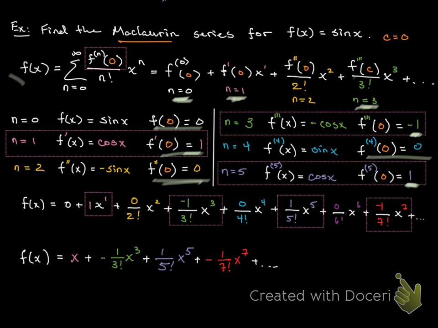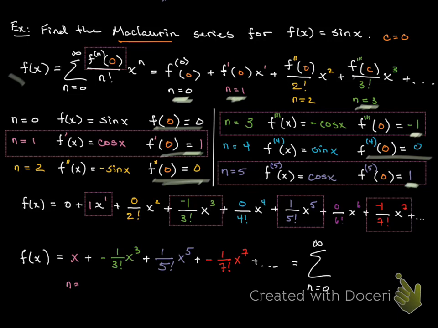And now comes the more tricky part, if it hasn't been difficult yet. The tricky part here is to condense this and write it into summation notation. Okay? So basically what I want to try to do is write this as a sum from 0 to infinity. But what I'm going to do is basically start this at 0, and I want to be able to write it, even though the odd terms were the only ones that showed up, right?